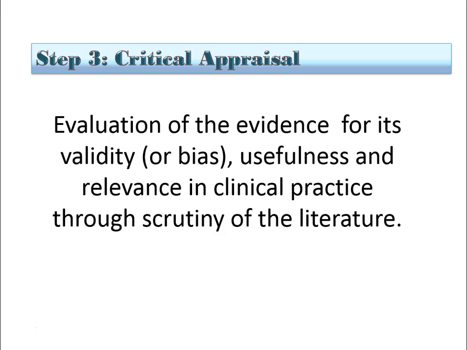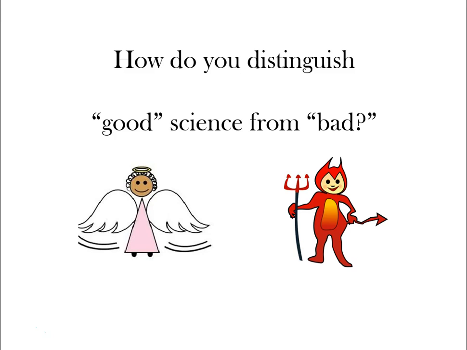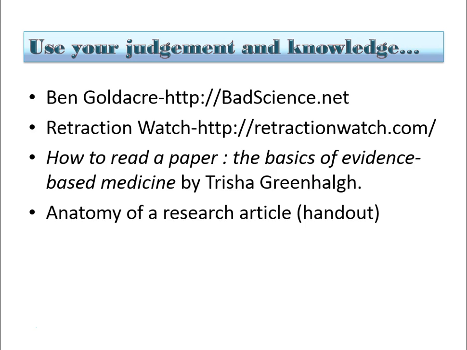So one thing you want to consider when looking at the literature is distinguishing perhaps good science from bad science. And how does one do that? Well, first off, using your judgment or knowledge you gain in classes like this, or through reading articles and information by authors such as Ben Goldacre, the website Retraction Watch, books such as How to Read a Paper by Trisha Greenhalgh, and handouts like in your course shell here, Anatomy of a Research Article.